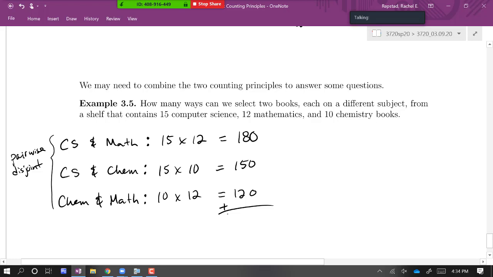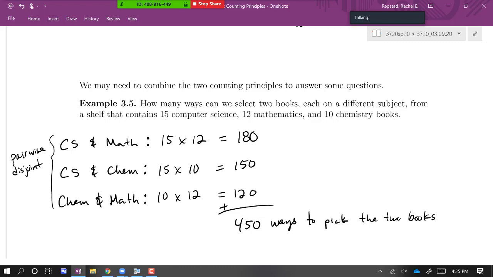So we get 450. Questions on that example?